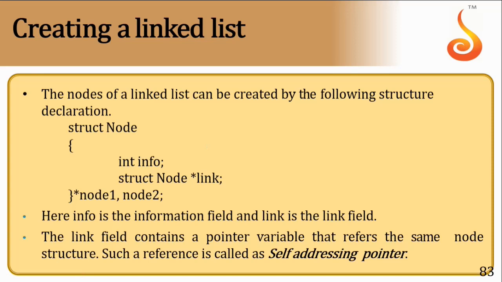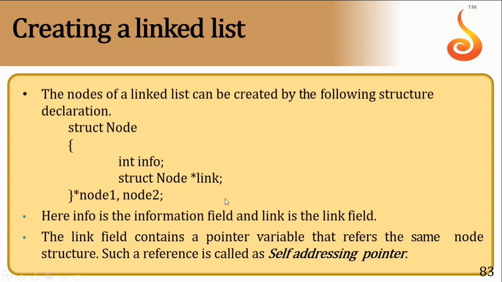So ask the user to enter the info, and since it's a pointer, you would use node arrow info for taking it in, or node star node dot if you are using that. We'll use arrow because it's simpler, and then struct node star link.